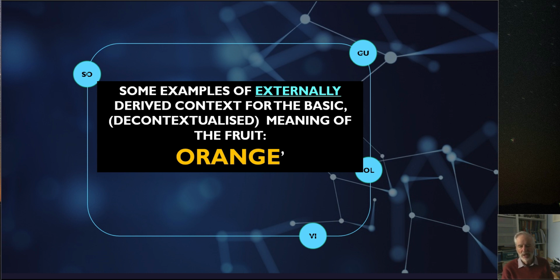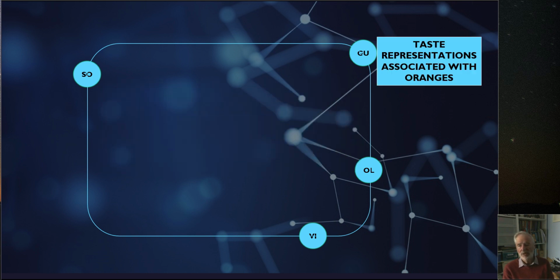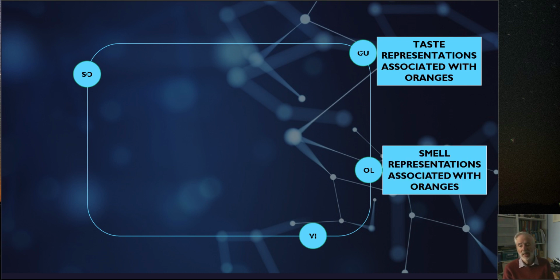But for the time being we're going to treat it as a single representation for the purposes of this illustration. The meaning, of course, is in the conceptual system on the inner ring. Here are some examples of externally derived context. For example, there will be taste representations associated with oranges. There will be smell representations associated with orange, and you may get more of these as you go through life.